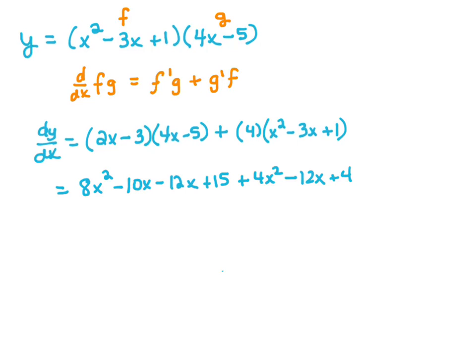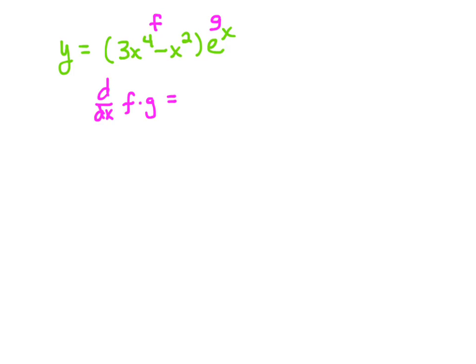And last step here, combine like terms. Let's see, what have I got? 12x squared, and then minus 10x minus 12x minus 12x would be minus 34x, and 15 plus 4 is 19. So our derivative is 12x squared minus 34x plus 19.